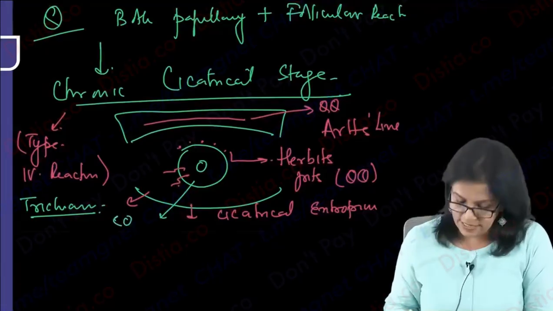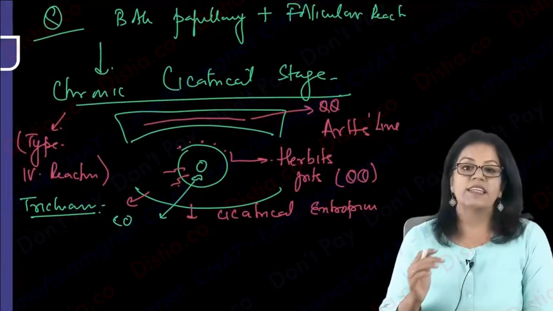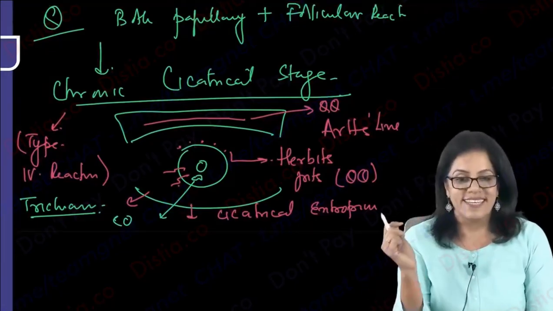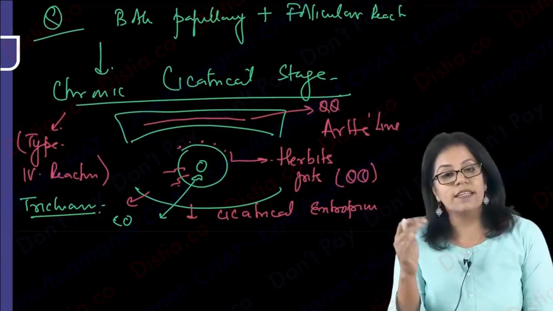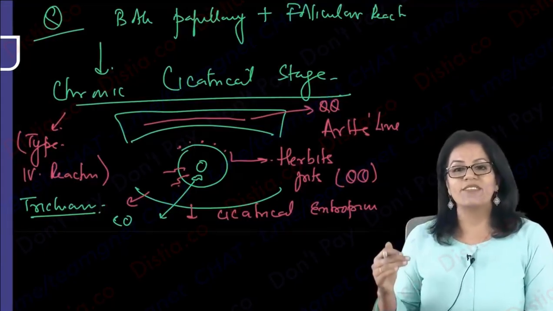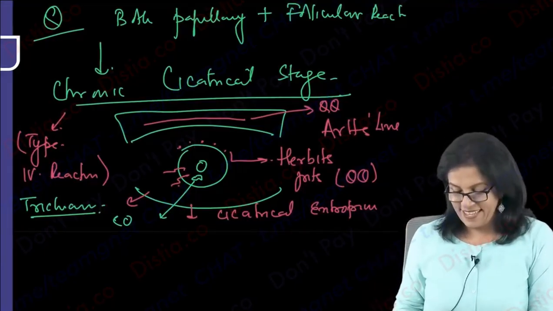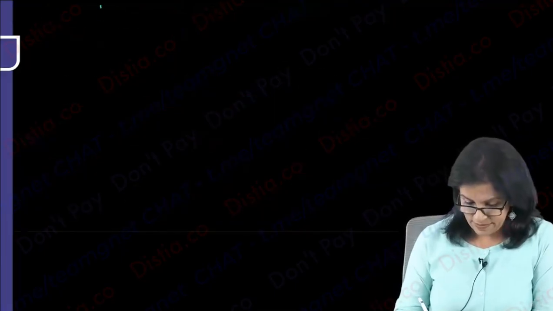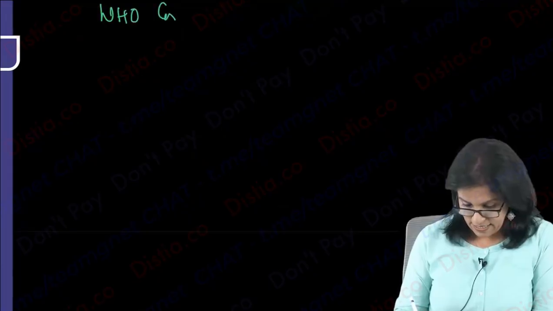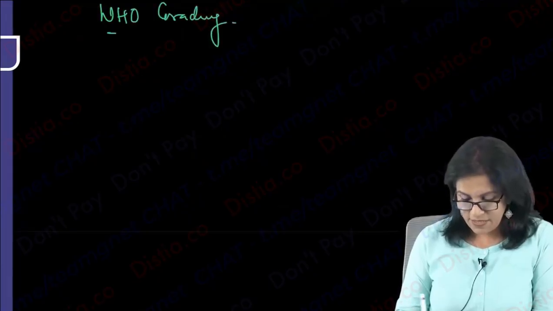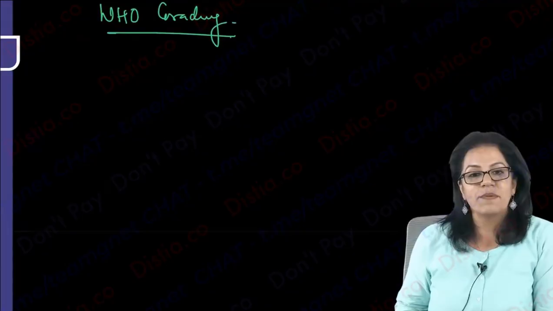CO is corneal opacity. These are all the findings of the chronic cicatricial stage, right? We can learn all this in the form of WHO grading, which is very, very easy to learn. Give the next heading, WHO grading. Everybody knows this.